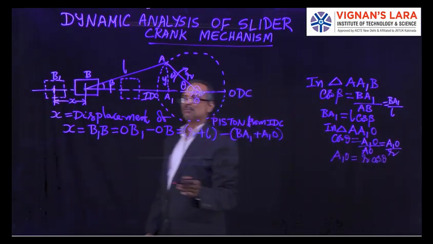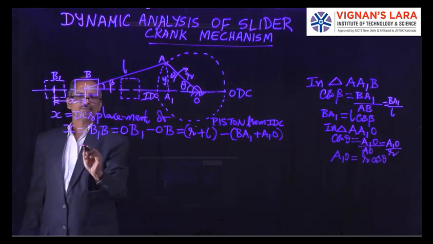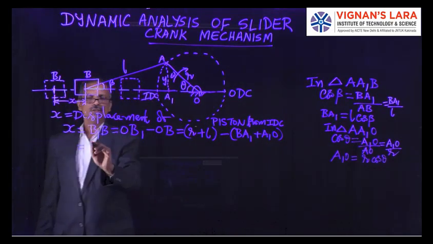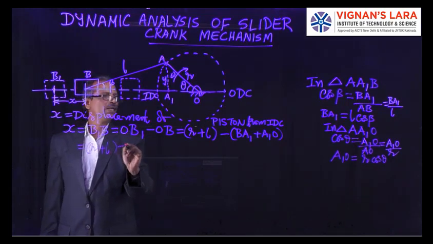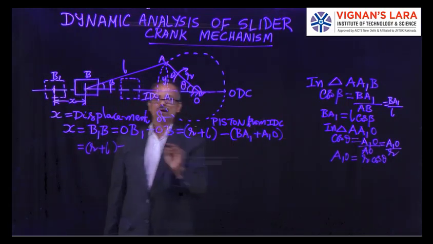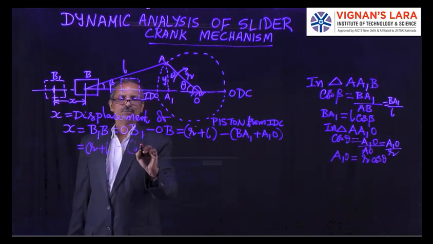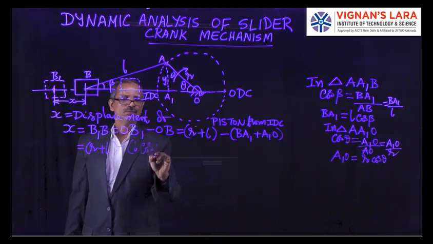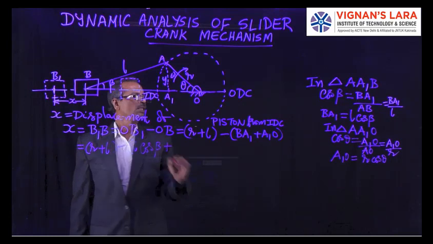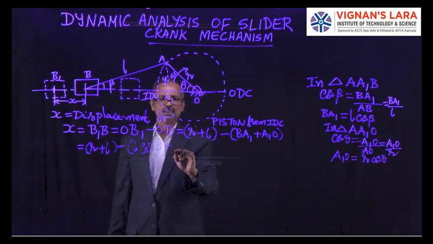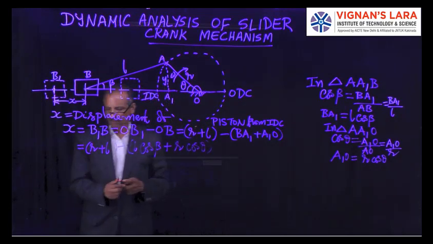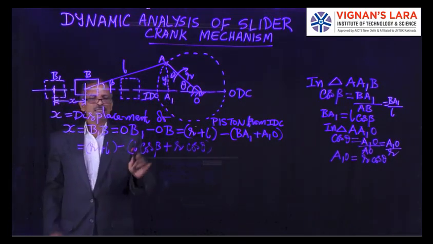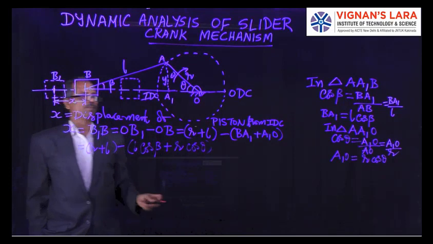Let me substitute these: X is equal to R plus L minus BA1, that is L cos beta, plus A1O, that is R cos theta. Okay, this is the equation.